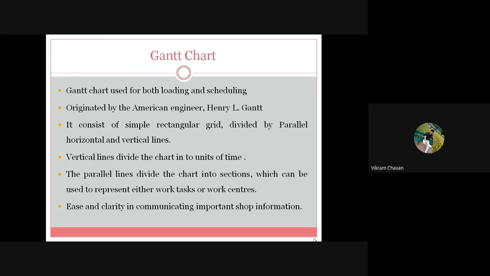Okay. Have you noted the points from this slide? Shall we move ahead to the next slide? Okay.